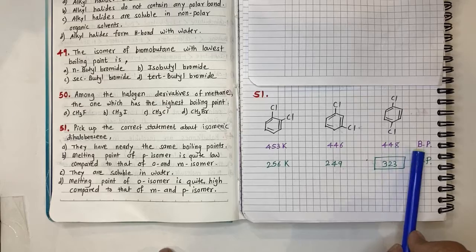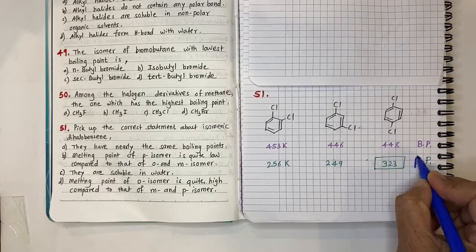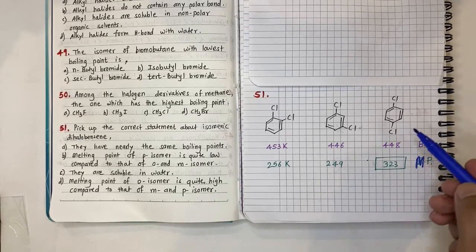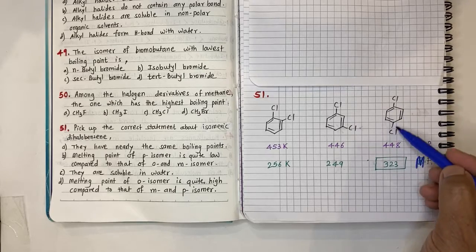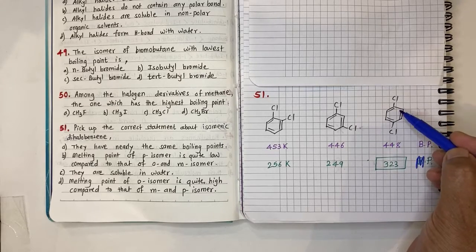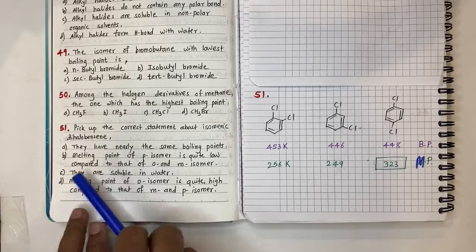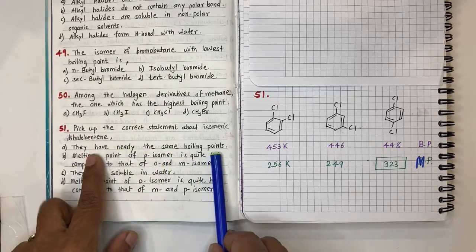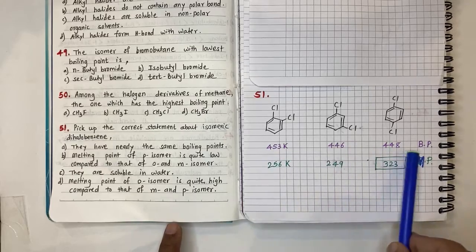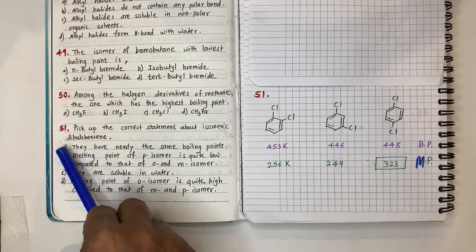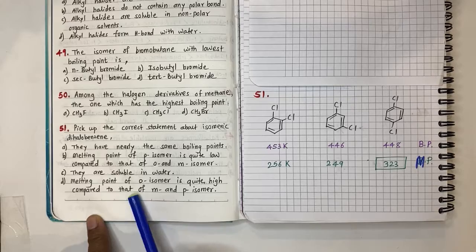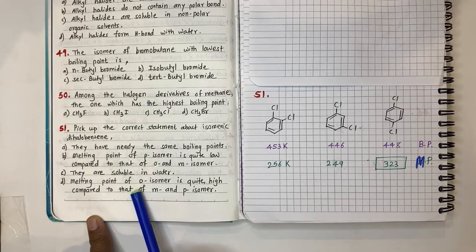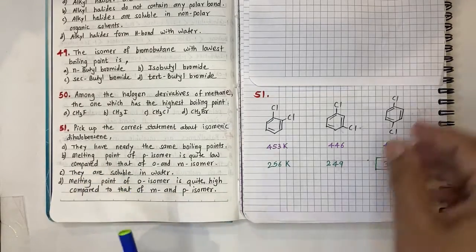But the melting point is highest for the para isomer due to its symmetrical structure. Now find out the correct statement from this. They have nearly the same boiling point. Yes, they have nearly the same boiling point. The first statement is the correct statement. The remaining statements are wrong. Next question.